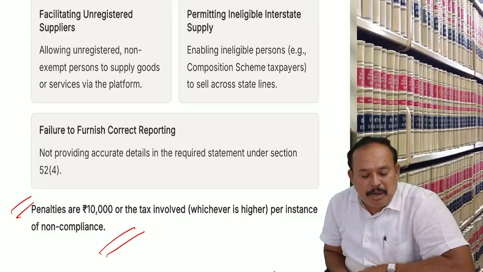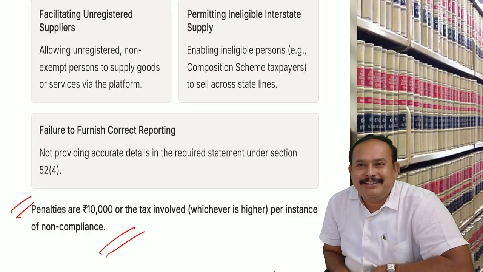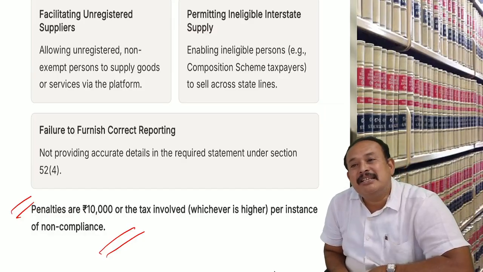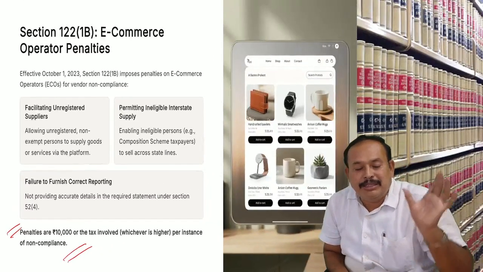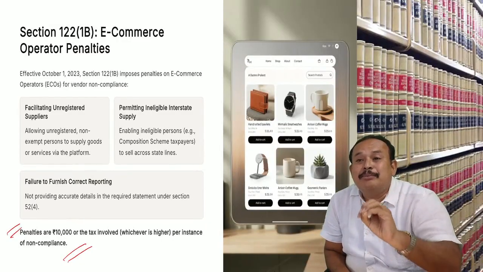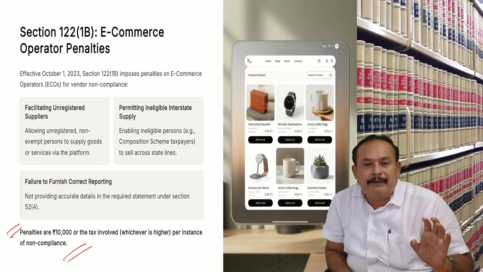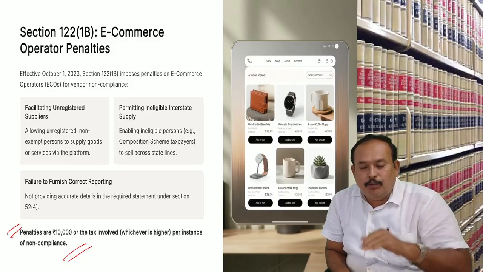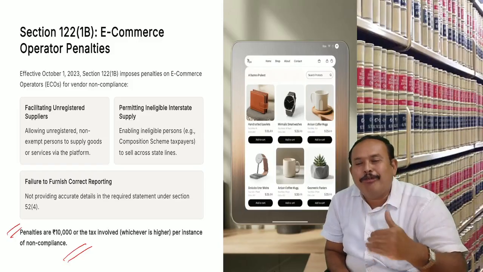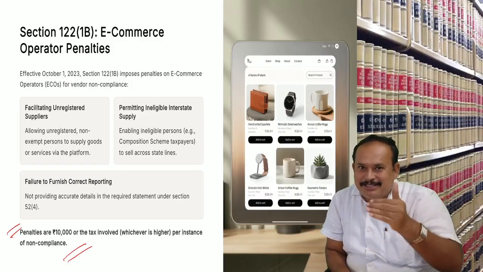For the e-commerce operator, a separate penalty is there: 10,000 rupees or 100% of the tax, whichever is higher. That is clear? It is section 122(1B). Then 122(1), 122(1A), 122(1B) - these are a series.